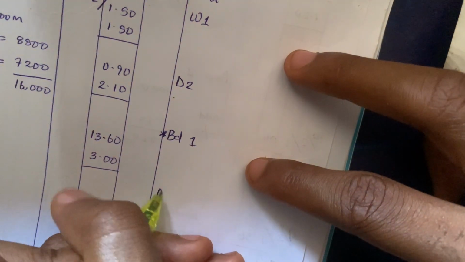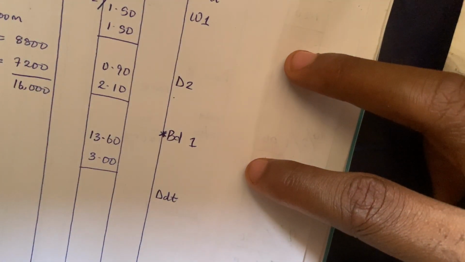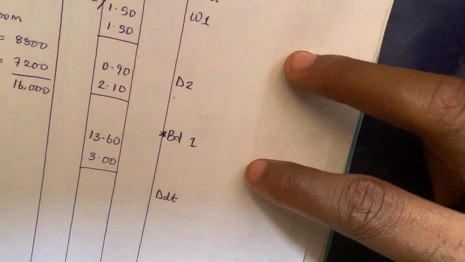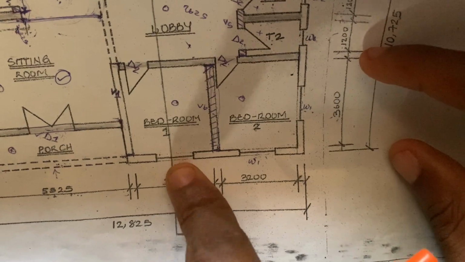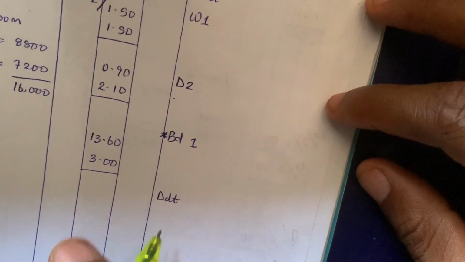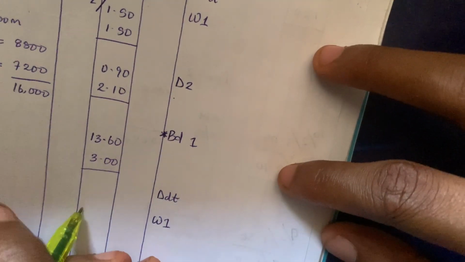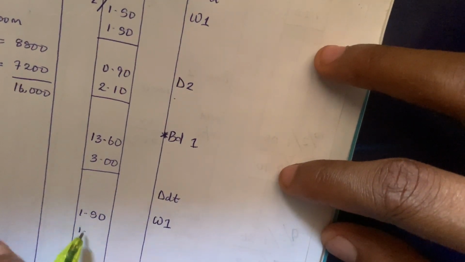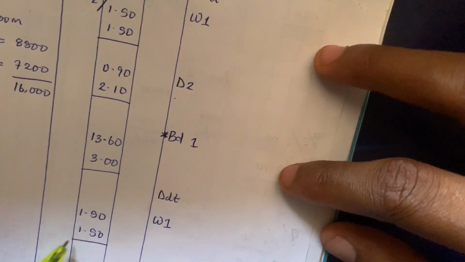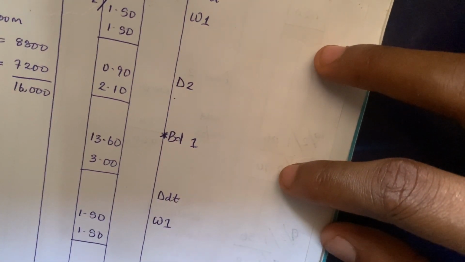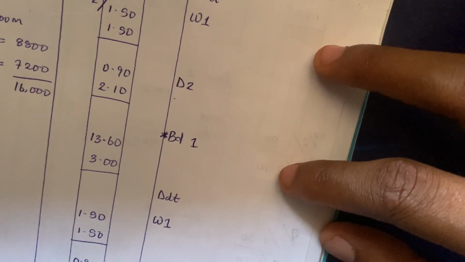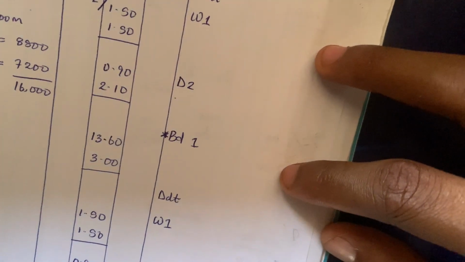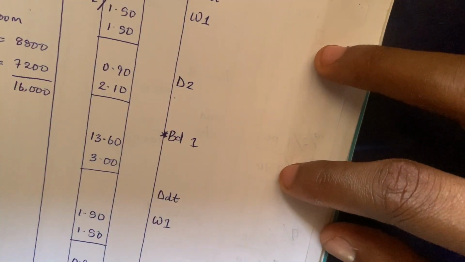Then we begin to deduct. So what can we see in bedroom 1? We can see 1 window 1 and 1 dot 2. So we'll book window 1, that's 1.50 by 1.50, and we close, and then dot 2, that's 0.90 by 2.10, and then we close. Doing this, we've booked for bedroom 1.